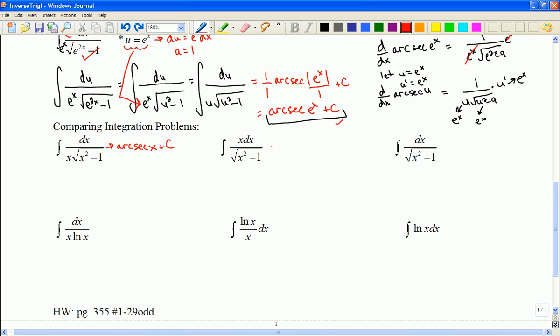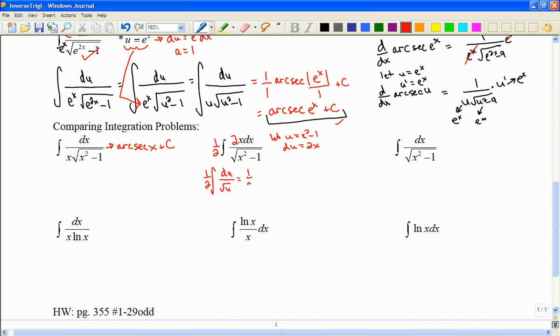Okay, so for the second one, the technique we're going to use here is substitution. How do I recognize that? Well, I see a function, and I see part of its derivative. So let u equal x squared minus 1. du is 2x. So I'm going to replace a 2 here and a half there to balance my integral. So I'd have 1/2 the integral of du over root u.